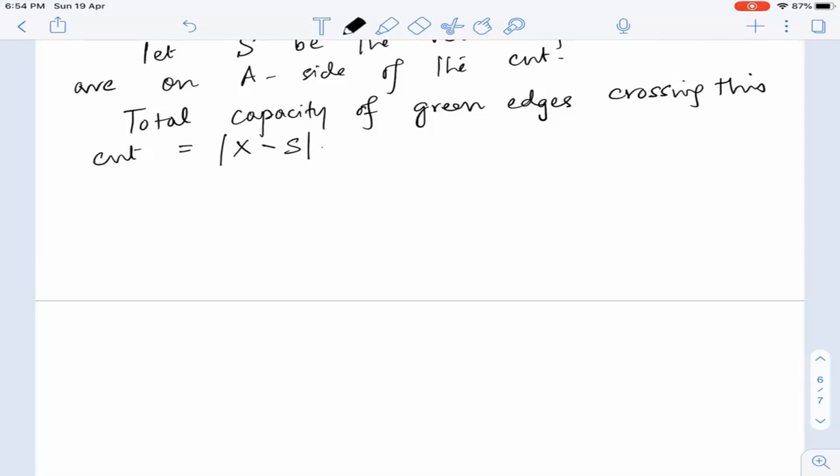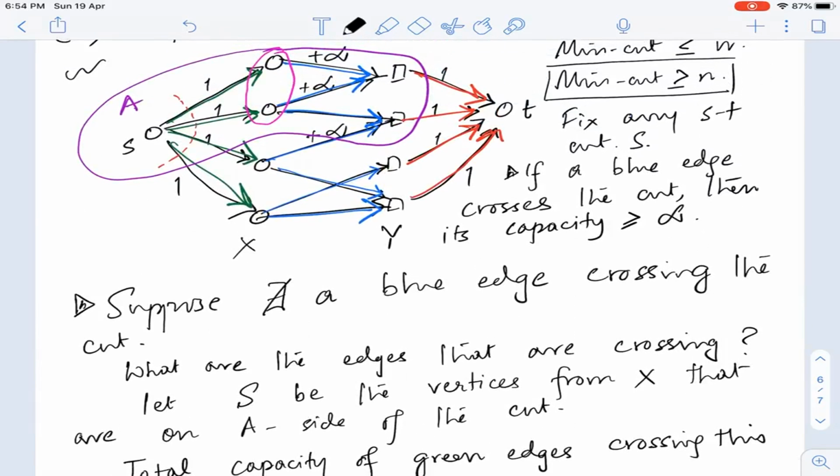Okay. Now, what is the total capacity of the red edges? Which are the red edges that are really crossing this cut? If you think about it for a minute, the red edges are precisely those going from the neighborhood of capital S to the sink T. In this picture, these are the red edges that are crossing the cut.